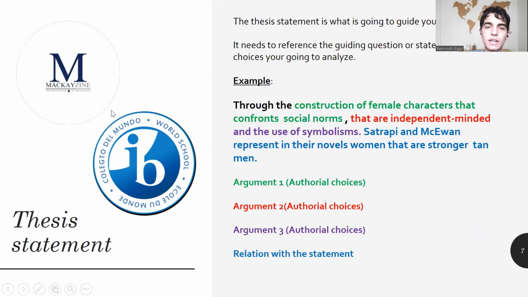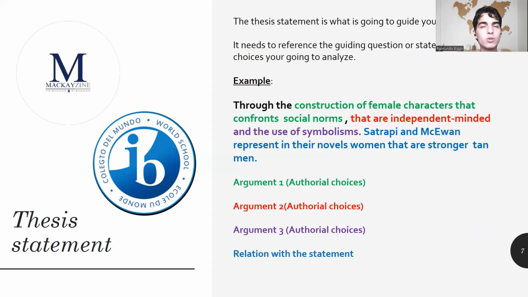Well, the thesis statement. The thesis statement is what is going to guide your analysis. It's literally your guide. It needs to reference the guiding question or statement plus the authorial choices you're going to analyze. I always included the elements that I would analyze in the thesis.